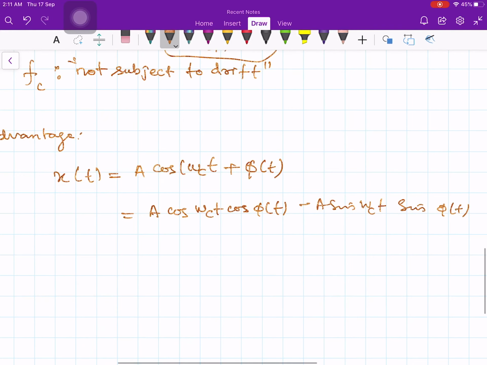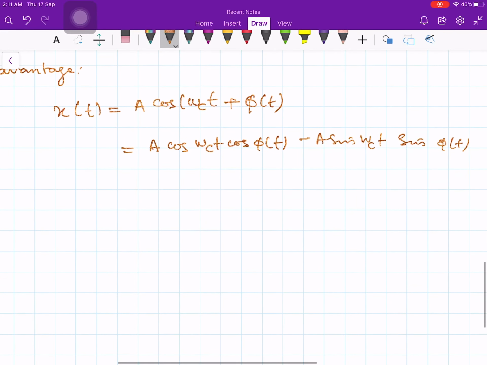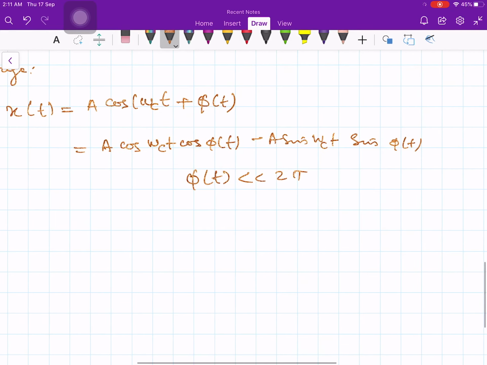When phi of t is much smaller than 1, I mean smaller than 2 pi, then there is an approximation involved in this equation.